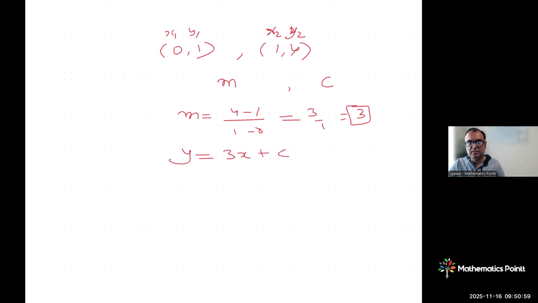Now what is c? C is the y-intercept. Hang on, I've given you the y-intercept here straight off. Y-intercept means x value is 0. So you're given 1. So y equals 3x plus 1. Good job. Go to the next page. Let's do more challenge.